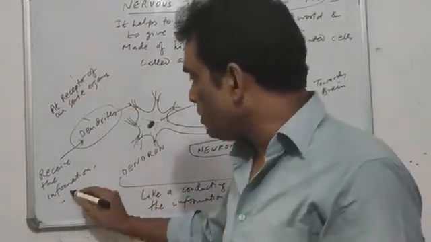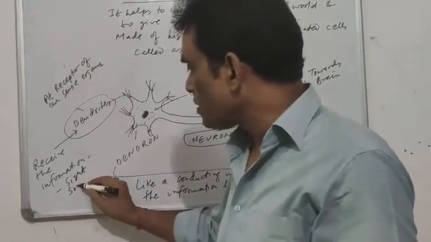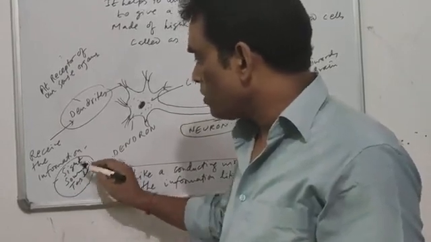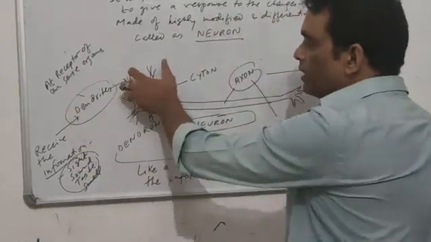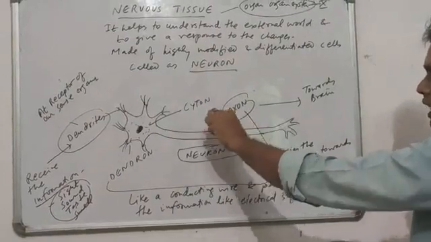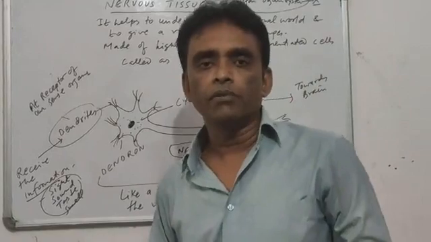The information can be any sight that you see, any sound vibration that you hear, any taste, any smell. All these are called information, which are received by dendrites, and that information is carried by the longest tube called axon, and it is given to the brain. That is the function of nervous tissue.